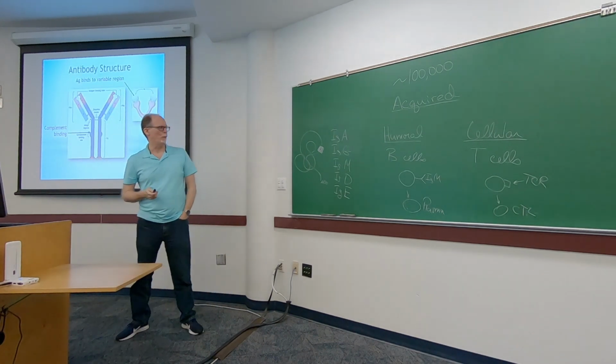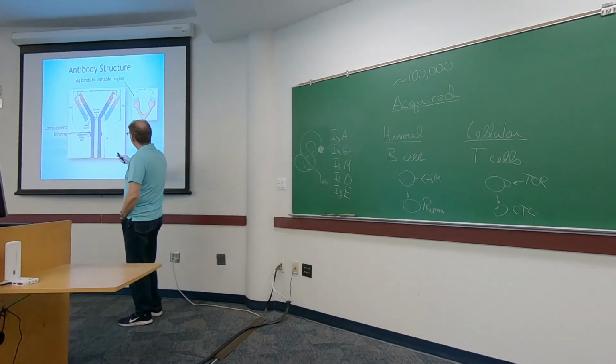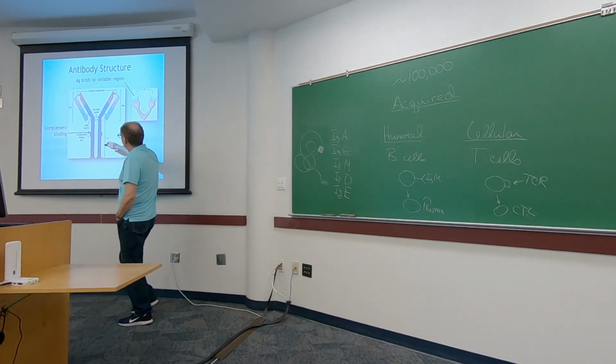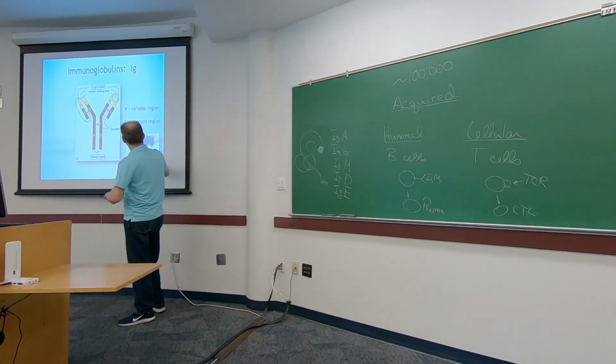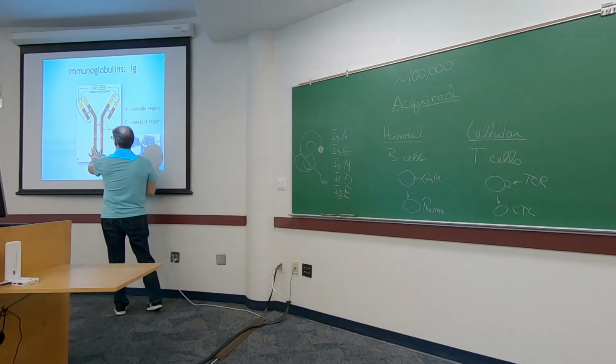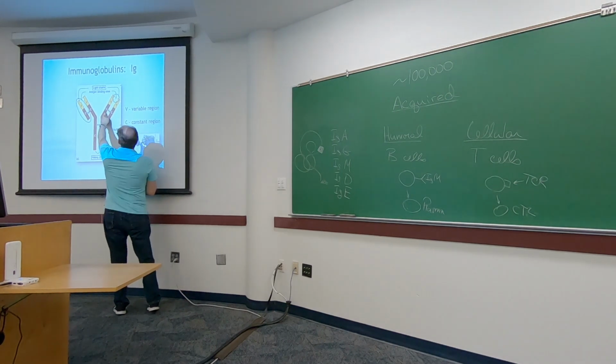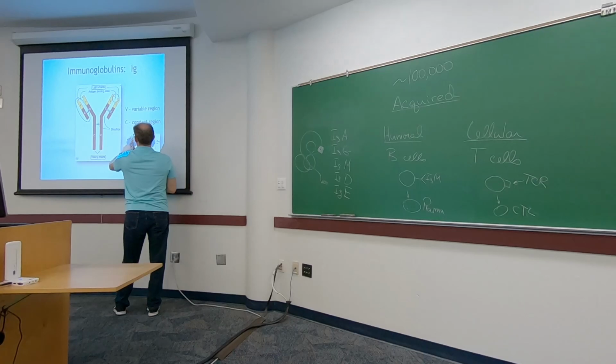So we usually use the Y shape. That's why we use Y. The textbooks started drawing it like that, but technically these are 2 proteins, and they curl up together in the middle. And then the blue part sticks out over here.